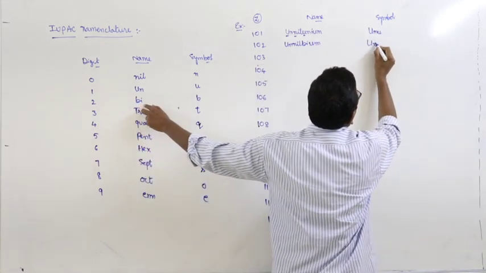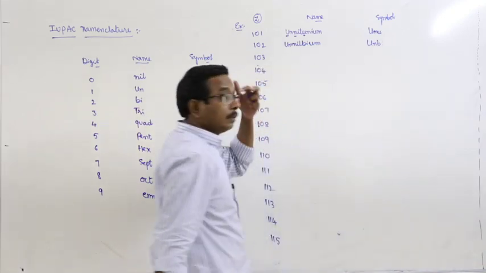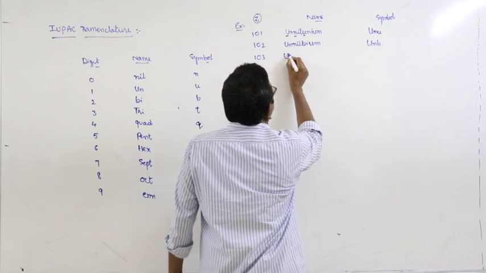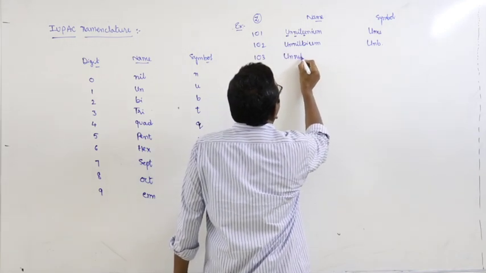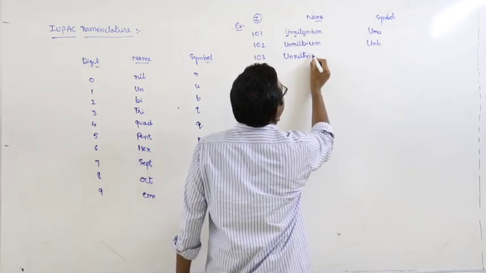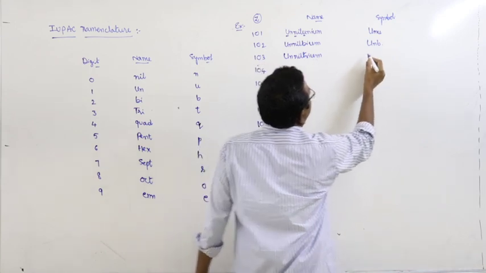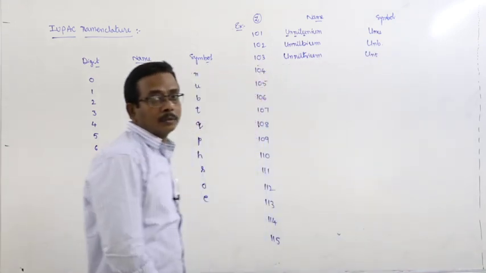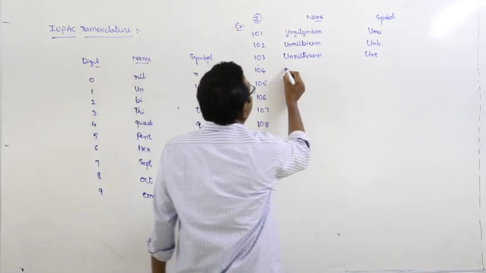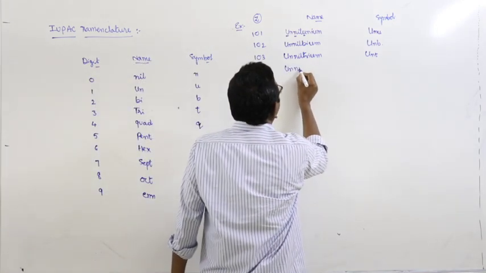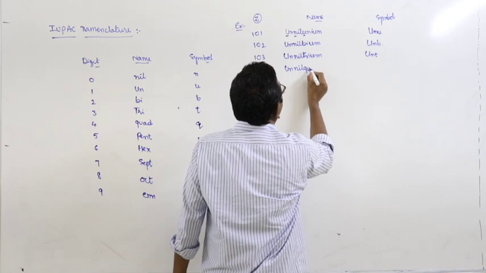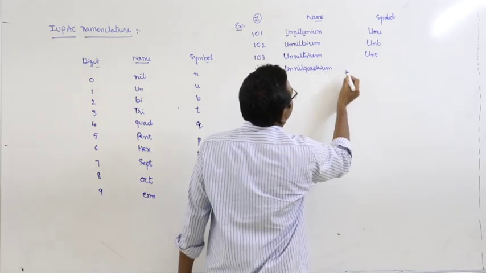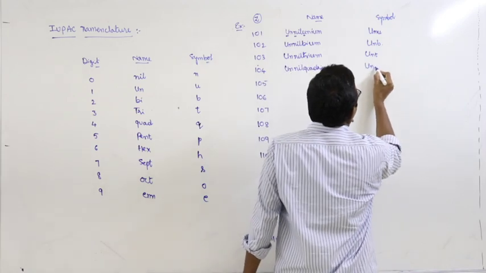Symbol UNB. 103, un, nil, tri plus ium, UNT. 104, un, nil, quadium, UNQ.